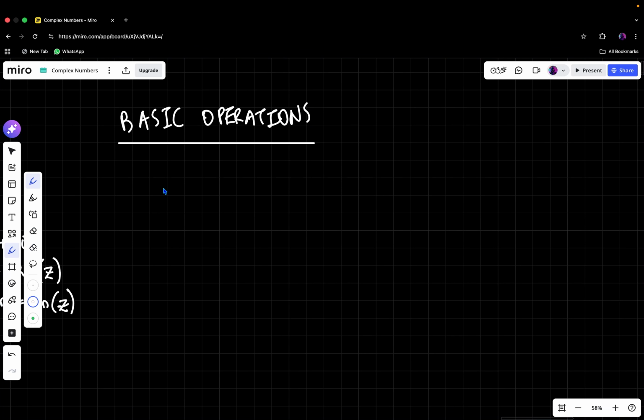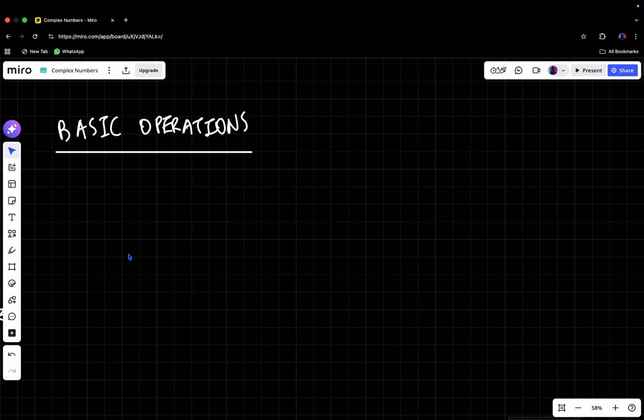Like I said earlier, you can't add a real part and an imaginary part. You can only add or subtract a real to a real and an imaginary to an imaginary. So let us take addition.